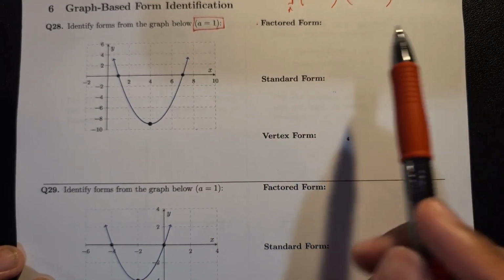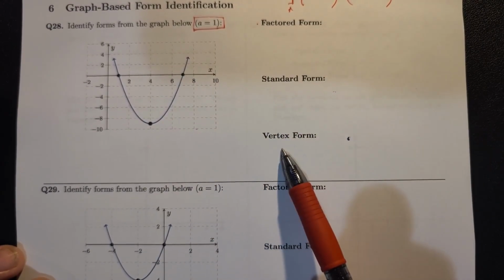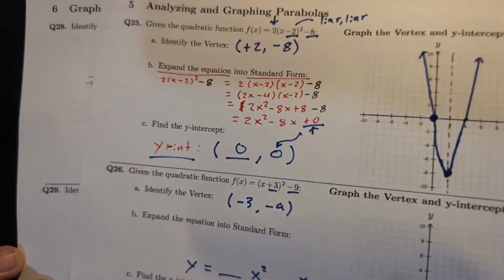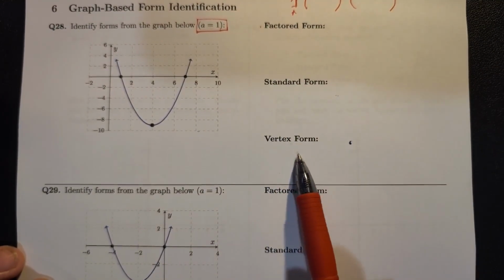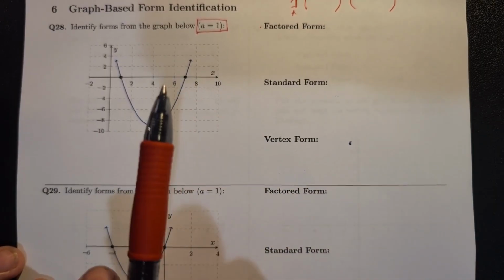So what we can do is find either the factored form or the vertex form, and then find the standard form. So do not do the standard form first. Do one or the other first, and then find the standard form. So let me go over this one.